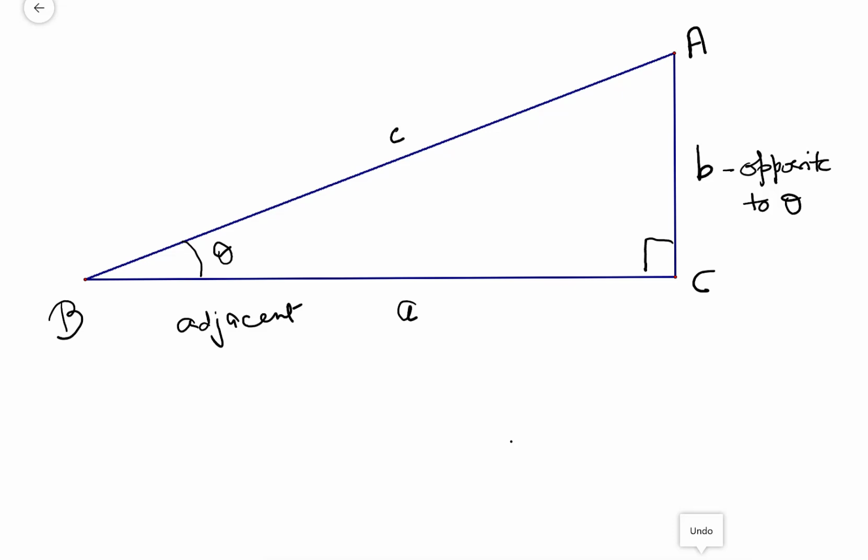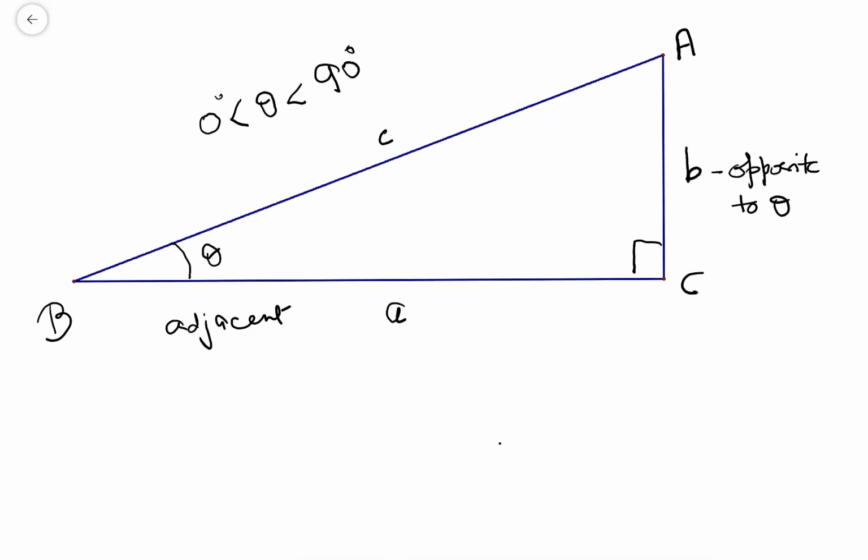So the way we define these ratios is this, and let's assume that at the moment our theta is between 0 and 90 degrees. Great. So let us define our trigonometric functions: for theta, we define the sine of theta as B over C, or opposite over the hypotenuse.